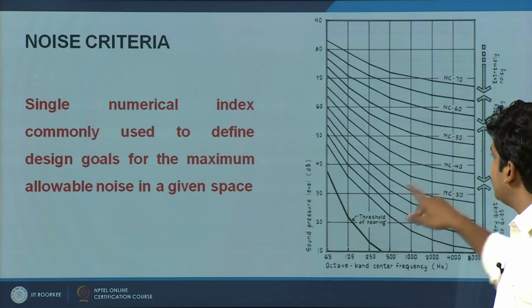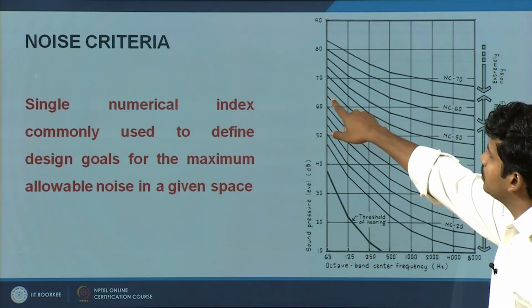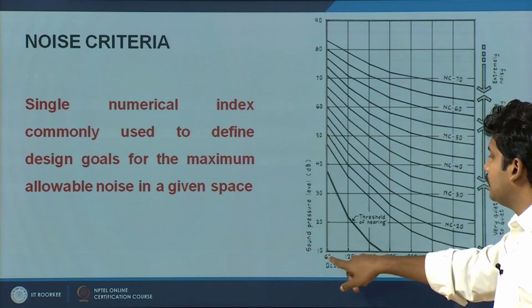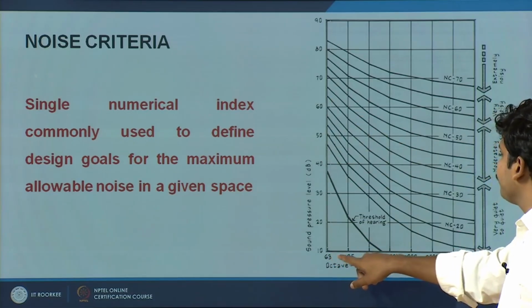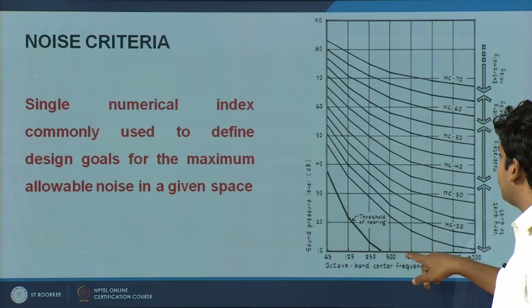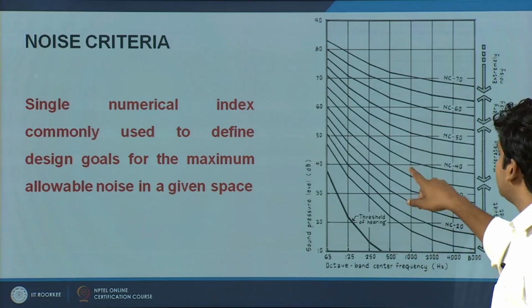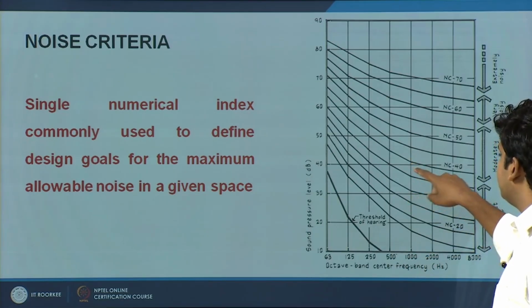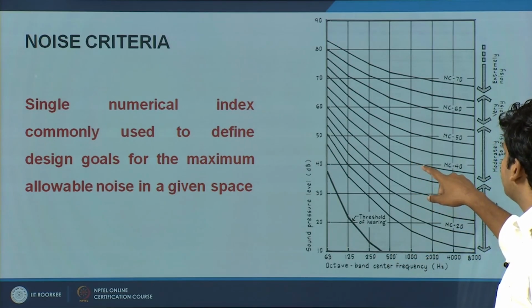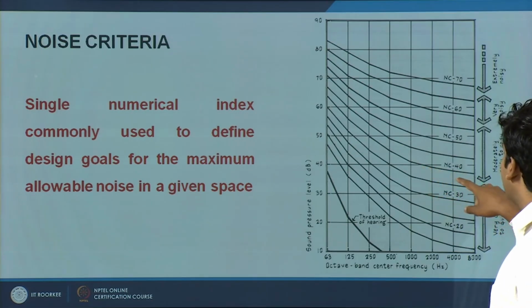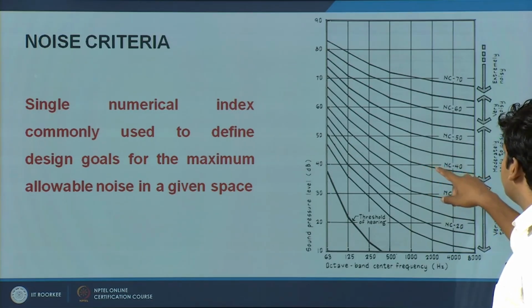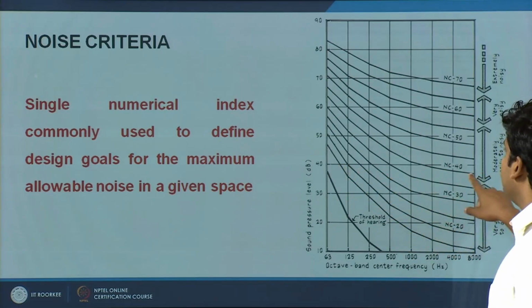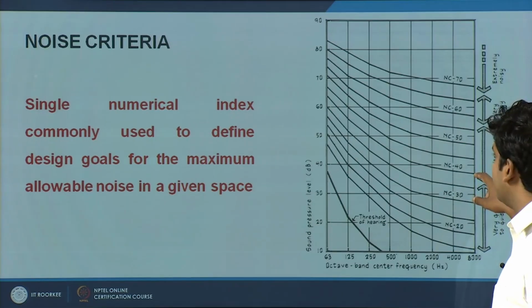At 63 Hz you can go all the way up to 65 decibels, at very low frequency. In mid frequency, somewhere around 500, 1000 or 2000 Hz, you have to be close to NC 40, that is 40 decibels, and then at high frequencies it should be relatively low. Say 8000 Hz, NC 40 would actually mean you will have to meet somewhere around 37 or 38 decibels.